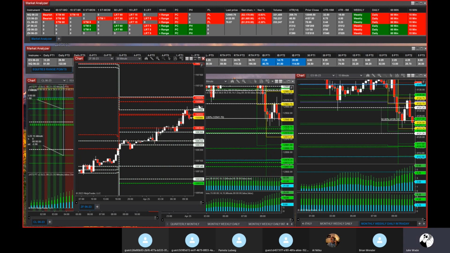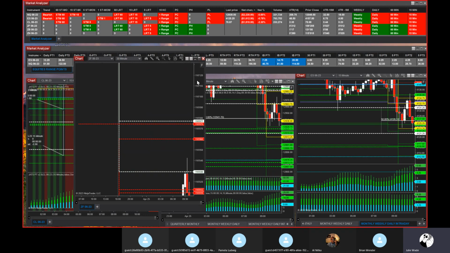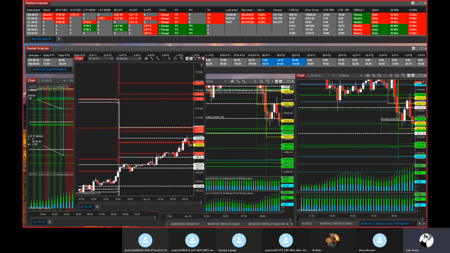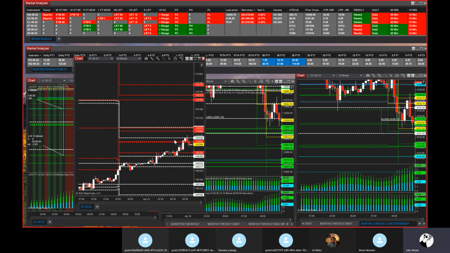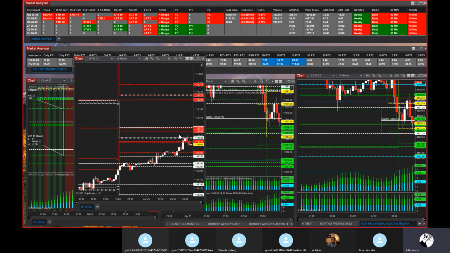So it looks like the upper end of this would take it to 110.077. If it got up that high, may not. Is this the close? Yeah, it's the 7-day close. So this could be it. 110.030.